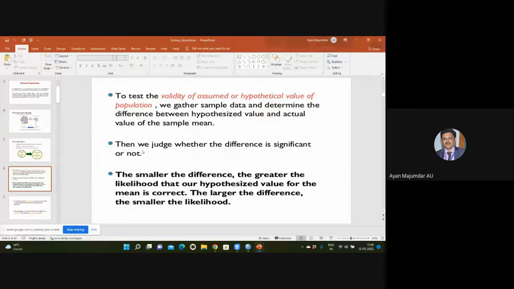And the larger the difference, the greater the chance that the hypothesized value is wrong. So if the difference between the hypothesized value and the mean is small, then there is greater chance that our hypothesized value for the mean is correct, and vice versa. This is the testing that we will be doing here.